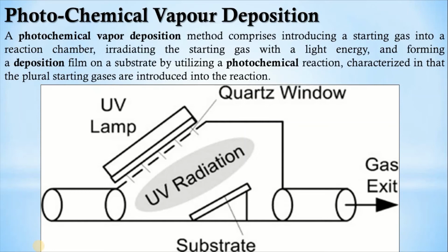The uniform deposition takes place through the quartz window. So we can get continuous deposition on the substrate by using this photochemical vapor deposition, where we are using ultraviolet light to generate ultraviolet radiation on the substrate.